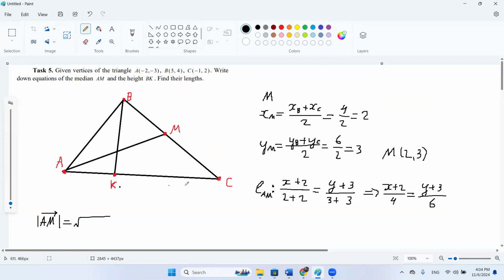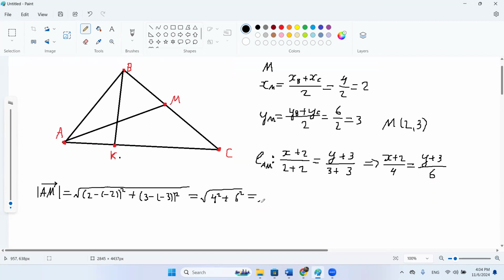So, the square root of (2 minus (minus 2)) in power of 2 plus (3 minus (minus 3)) in power of 2. So 4 in power of 2 plus 6 in power of 2.